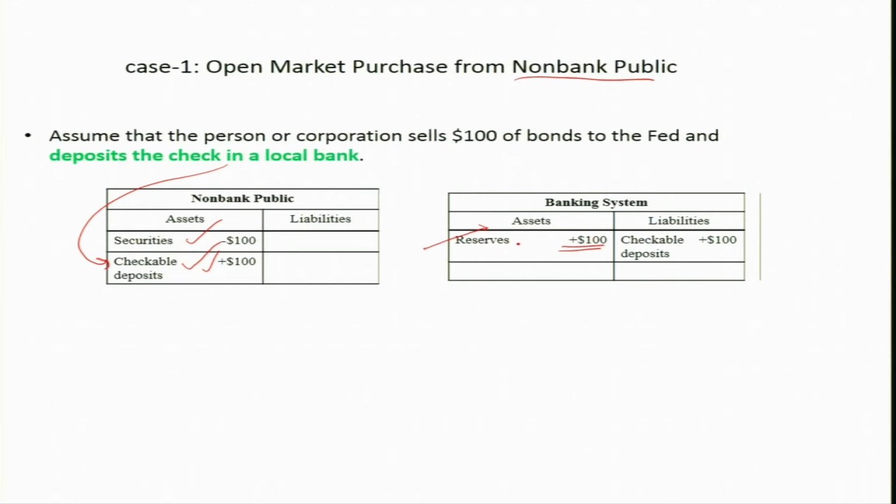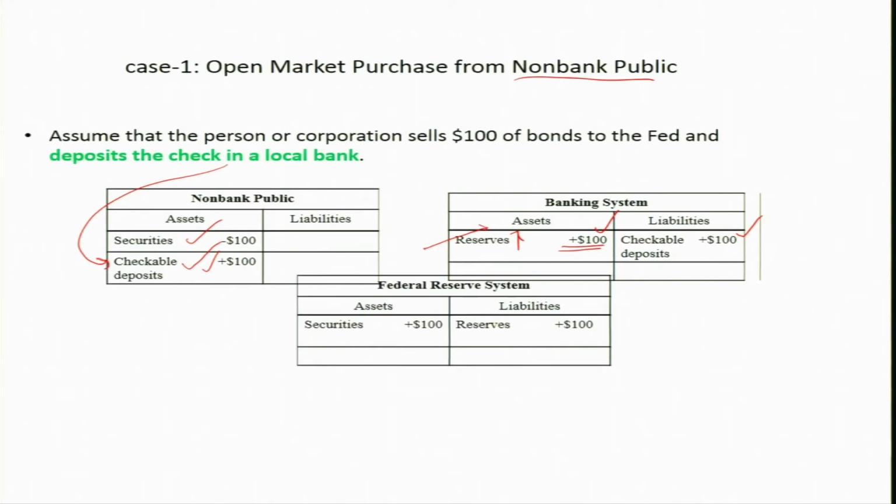This crediting means nothing but an increase in reserves, so the reserves of the banking system increase by $100. At the same time, this bank has already credited the amount as a checkable deposit in the account of the depositor, so checkable deposits also increase. So in the banking system, assets increase by $100 and liabilities increase by $100.